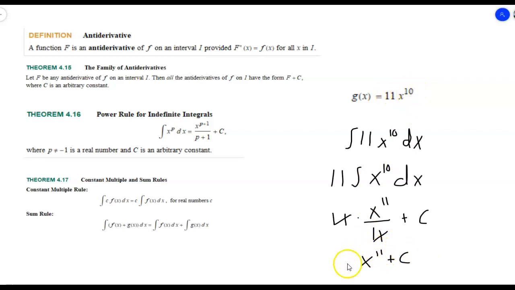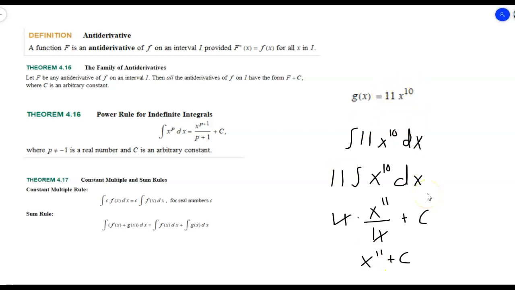Can't you see that? You just pull the 11 out front and subtract 1 from the exponent. So if you take the derivative, you get 11x to the 10th, which is this. And the c will cancel out because when we take the derivative of a constant, it becomes 0. So this is the family of antiderivatives that satisfies this right here.